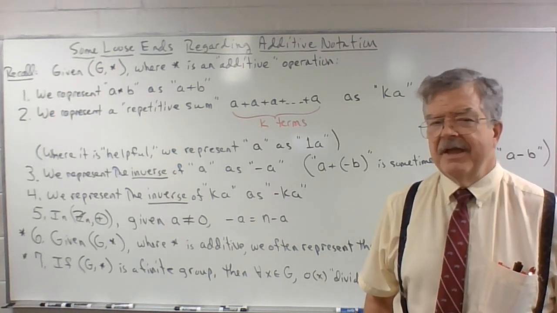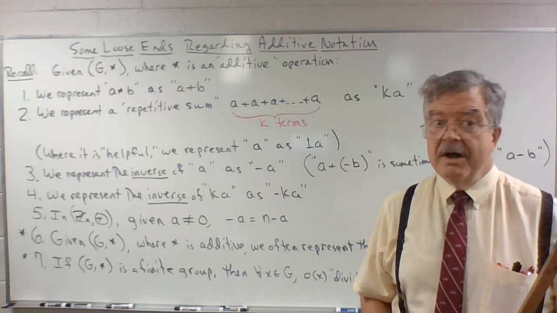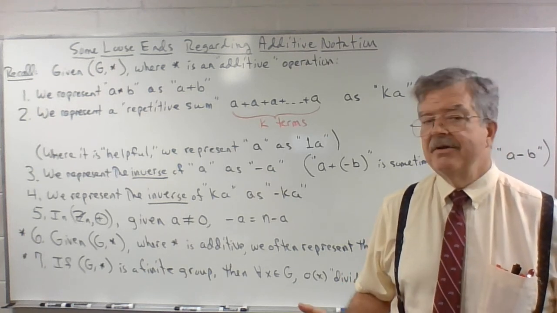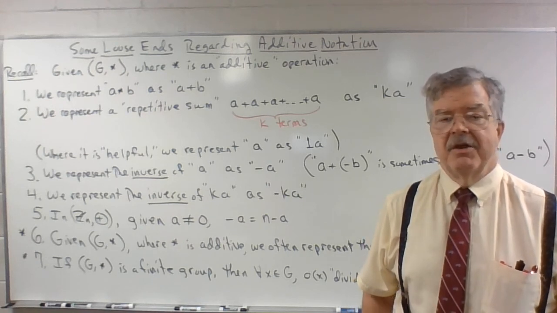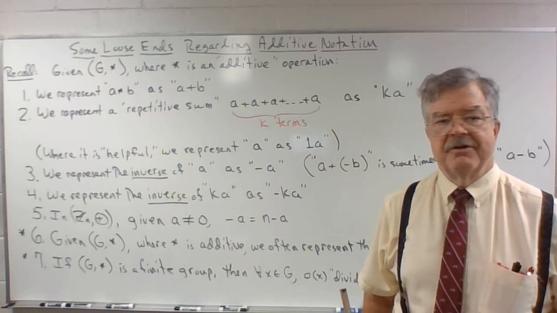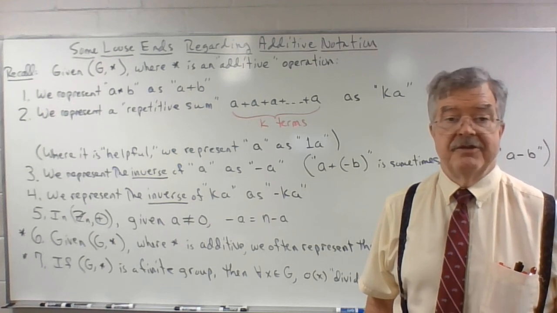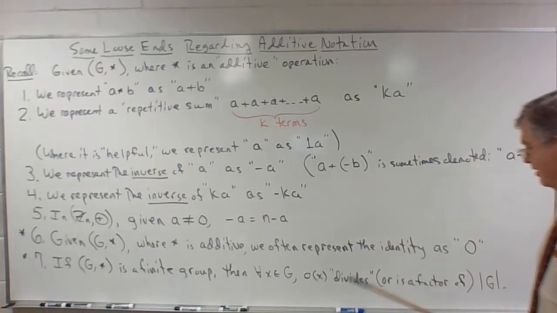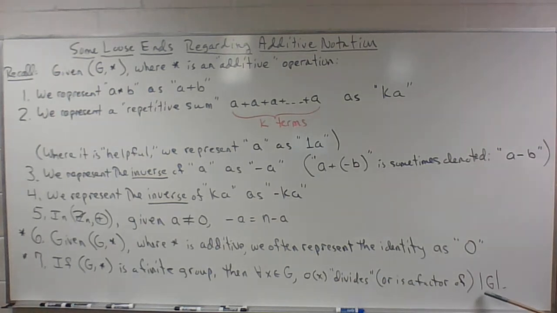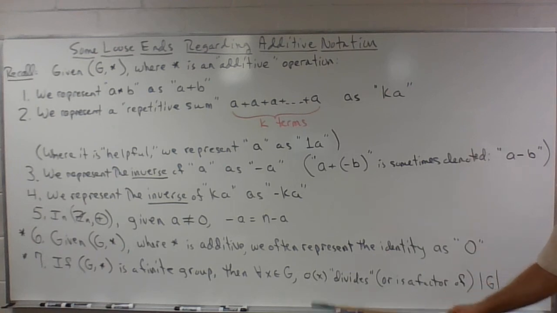The orders of the various elements turned out to be 1, 2, 3, and 6. The orders of all of the elements divided the order of the group, which was 6. And I think we're going to look at this a little bit more closely today before we get into multiplicative notation.